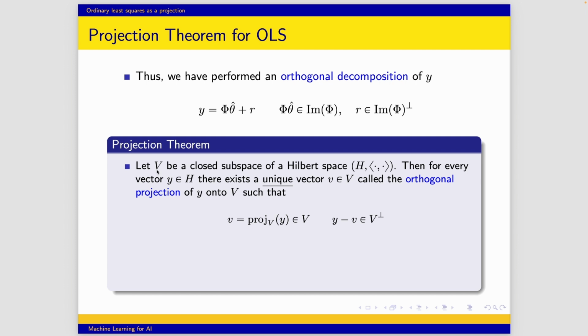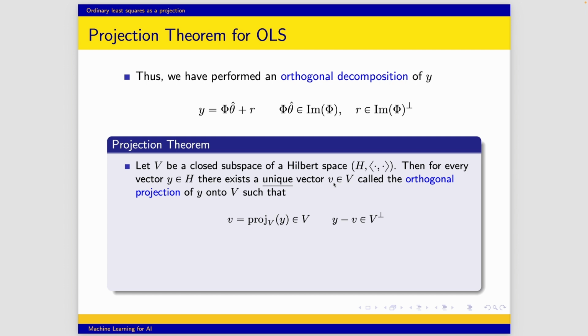Now let V be a subspace of H, a closed subspace. Then for every vector y in our Hilbert space, there is some vector in V, and that vector is unique.